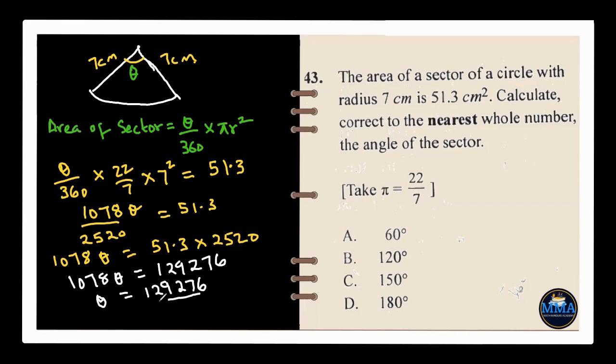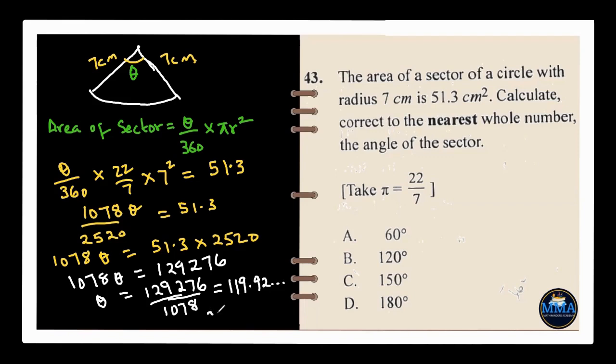You divide by 1078. So if you divide it by 1078, that gives us 119.922.